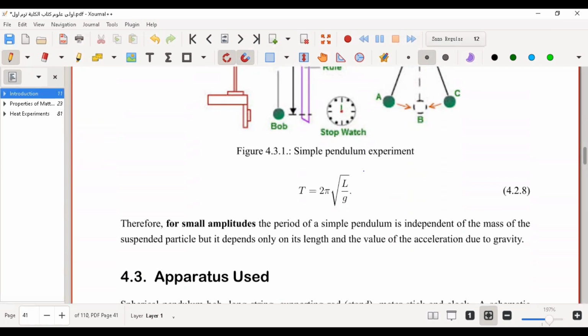To make this formula easier for our graph, we will square both sides. So we will find T squared equals 4 pi squared L over g.